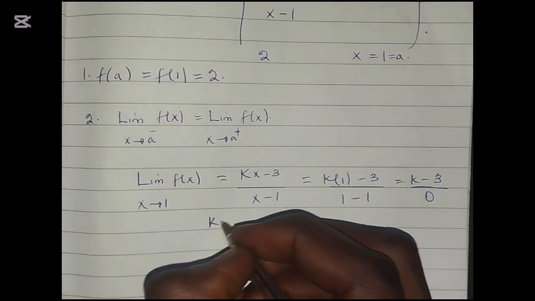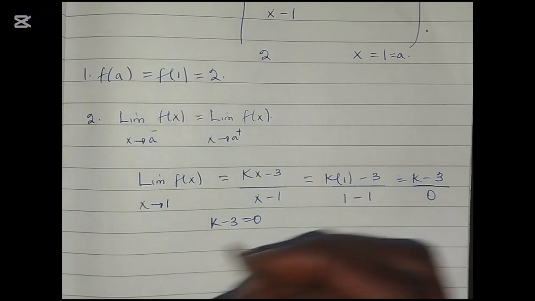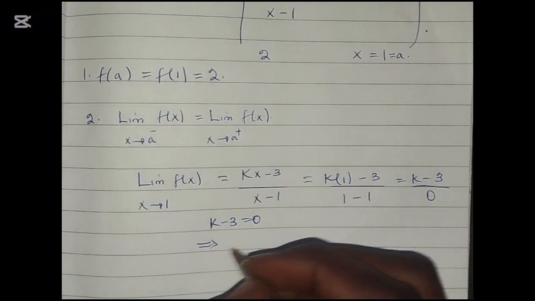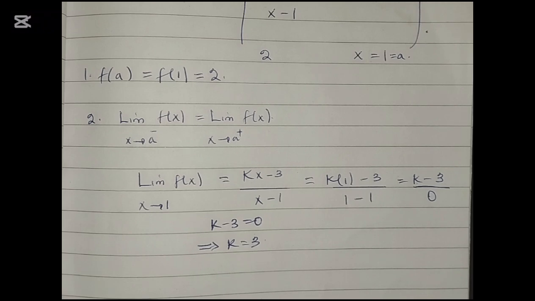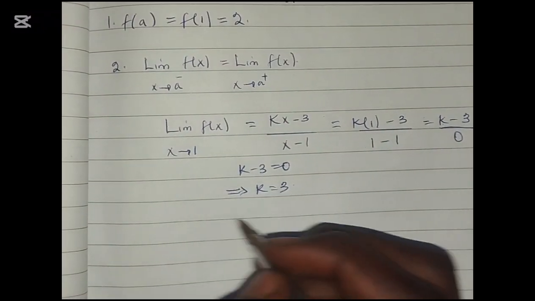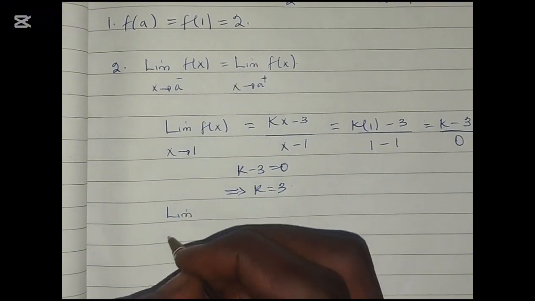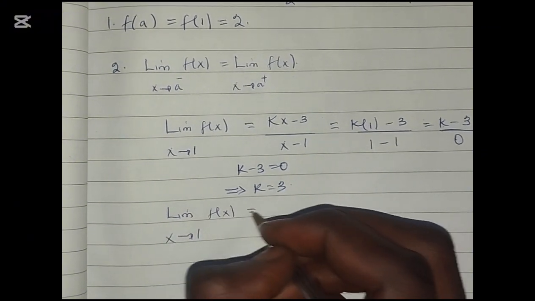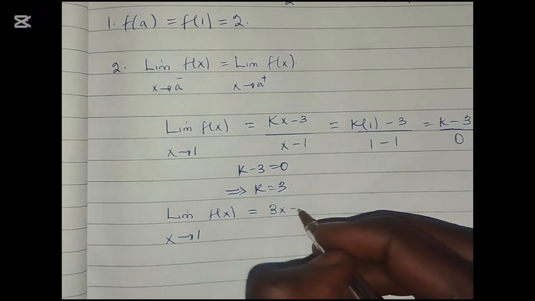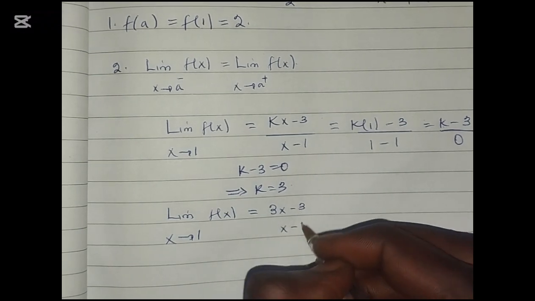So we have k minus 3 equals 0. This will imply that k will be equal to 3. So with k as 3, we can factor out the top. So we have the limit as x approaches 1 of f of x to be 3x minus 3 all over x minus 1.